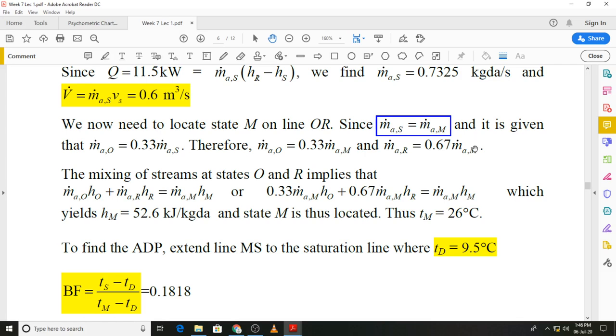So if the mass flow rate of the outside air is 0.33 times m dot as, that means the remaining 0.67 times or 67% will be the recirculated air. So the recirculated air is 0.67 times the mass flow rate of the supply air, and because the supply air is the same as the mixed air flow rate, I have replaced m dot as by m dot am.